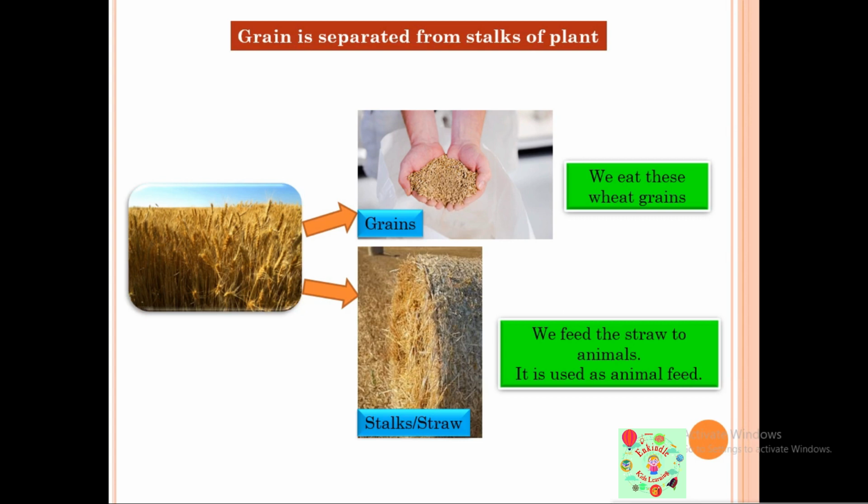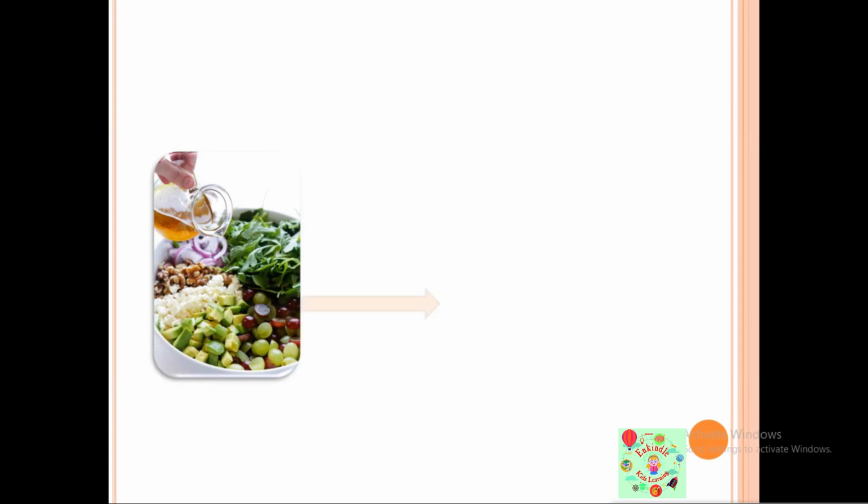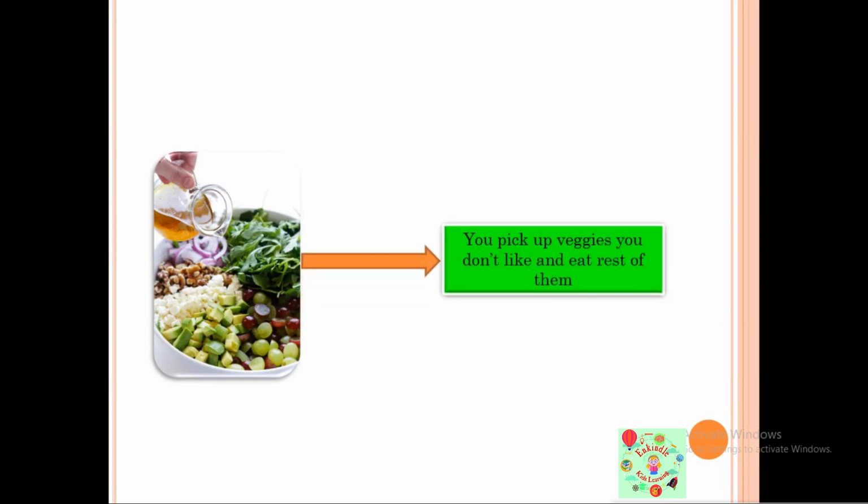Now, let's take one more example. This is a bowl of salad, and your mother wants you to eat all the vegetables. But if there are some vegetables which you don't like, what will you do? You will pick up the veggies which you don't like and eat the rest of them. What did you do here?